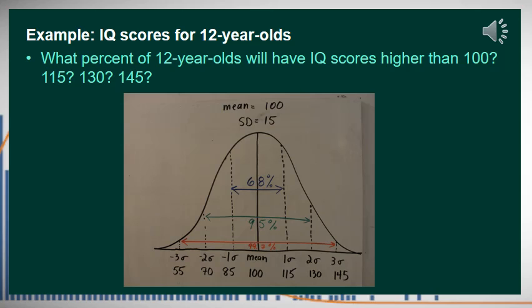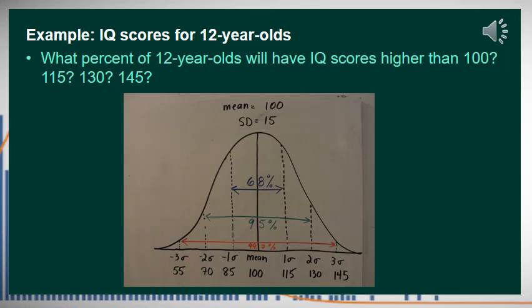How many will be higher than 130? Okay, if I look at that, I see that 95% of kids are between 70 and 130. So the 5% remaining kids will be either below 70 or above 130. It means that 2.5% will be above 130.